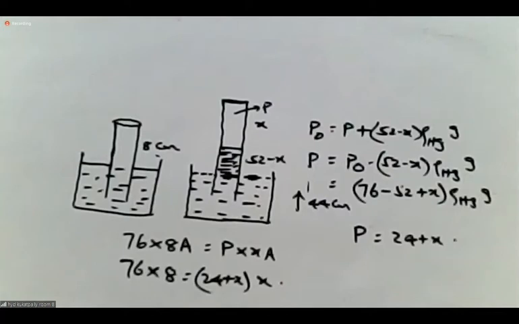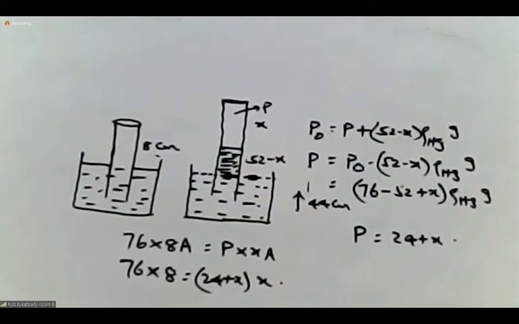Okay. What height will it go? Assume X is the length of the air column. So the mercury level above and below will be 52 minus X. Now if the air pressure is P, then P plus (52 minus X) into rho mercury into g. This is the hydrostatic equation. You understood this or not?